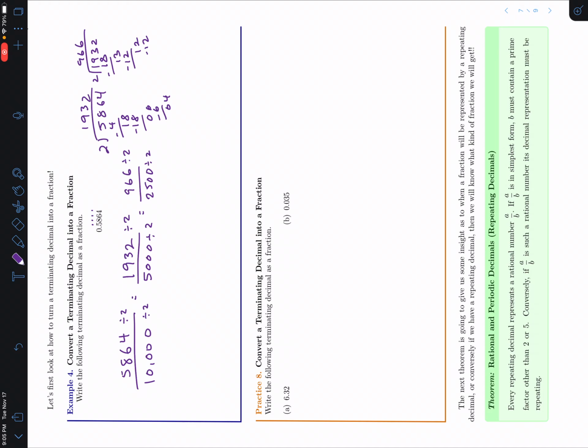So 2,500 divided by 2 is 1,250. So 2 goes into 966 4 times, and then 8 times, and then 3 times.